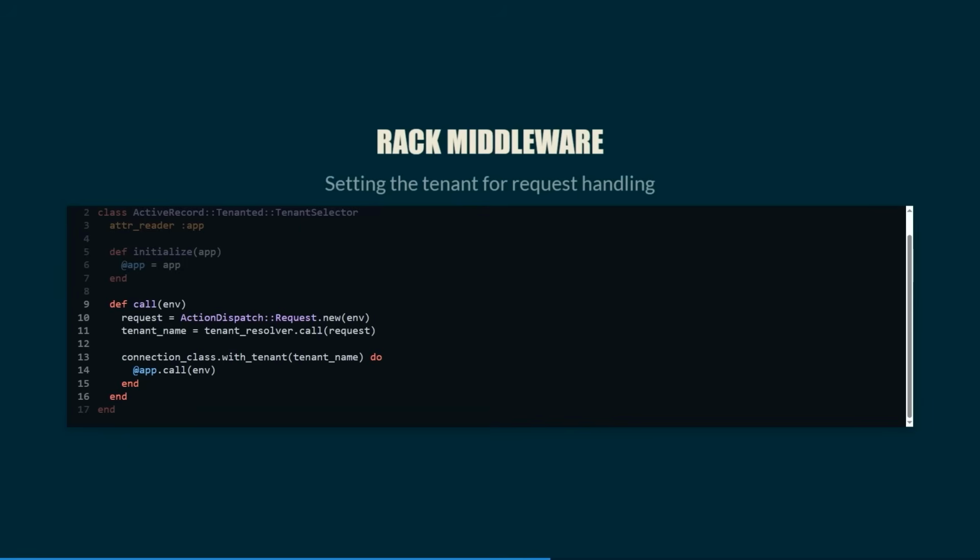And so in this case, we take a look at the request, and we use the tenant resolver, which I'll explain in a second, it's a configurable lambda. We map the request to a tenant name, and then we wrap the rest of the request processing in with tenant. So this way, in your app, you don't have to call with tenant everywhere. It's already been called for you, so you can act like it's just a normal vanilla Rails app, and your code doesn't need to know about tenanting.